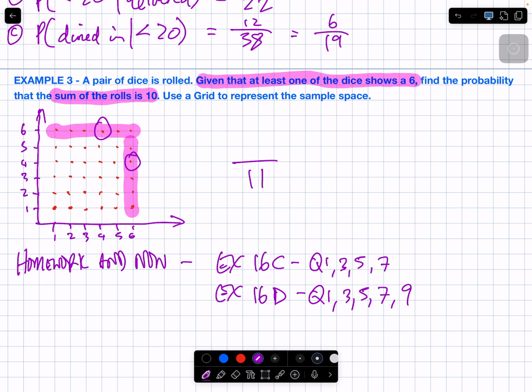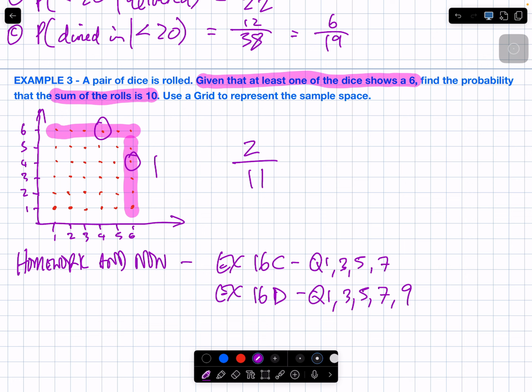Anything else? That's what I'm trying to ask you. So is that circle that we just coloured in, is that right? No, because it has to have at least a 6, so it's just going to be 2 over 11.